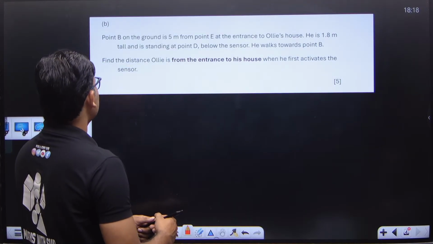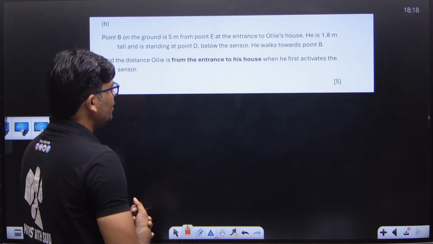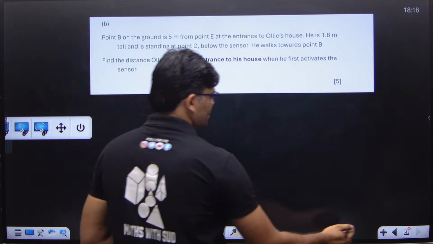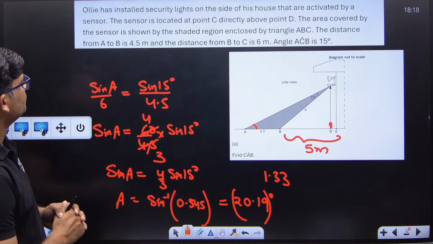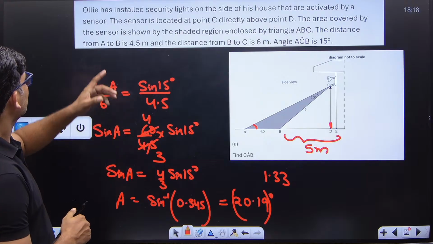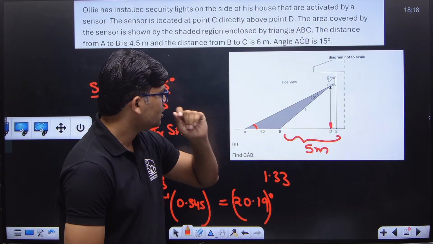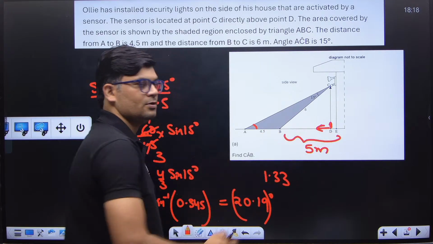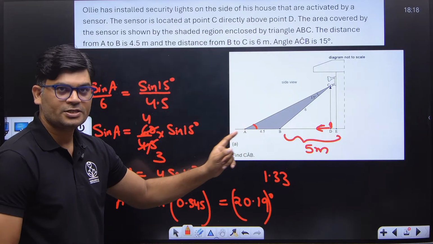He walks towards B. Find the distance Oli is from the entrance to his house when he first activates the sensor. So he is walking towards this direction. Are you getting it? He is walking towards this direction.